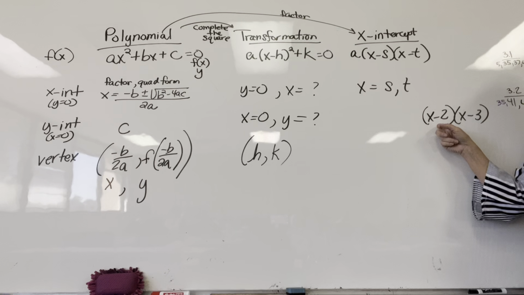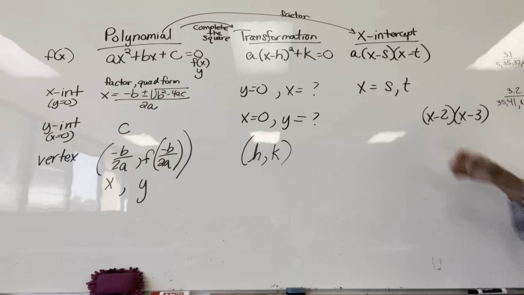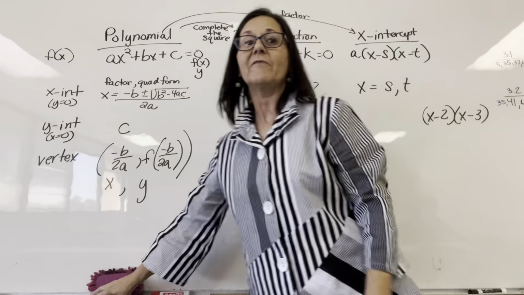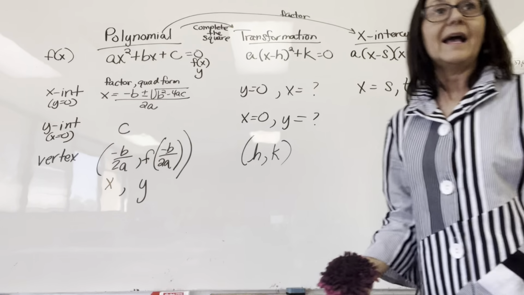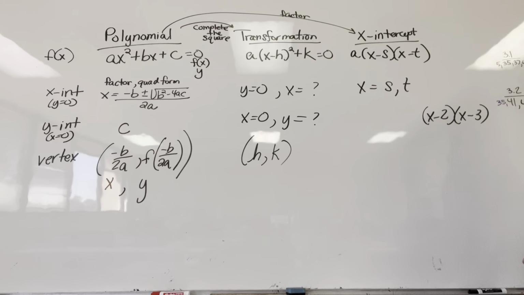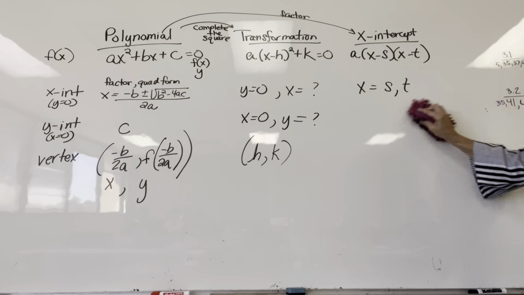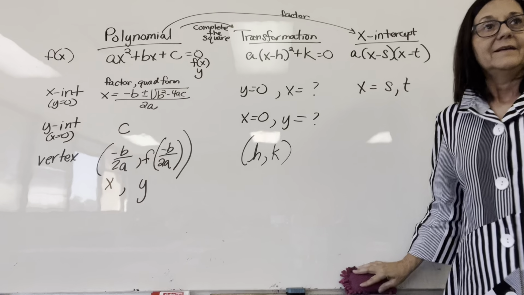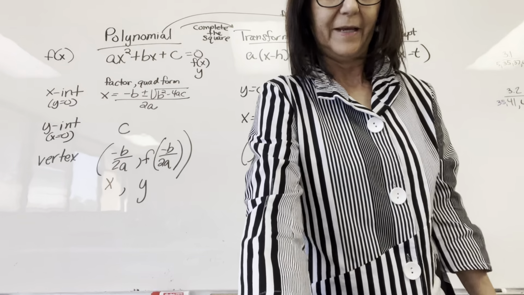You got it? It's literally the s and the t. So in x-intercept form, if I give that to you and ask for the x-intercepts, it would be a sad day if you got that wrong, huh? Yes, it would be.